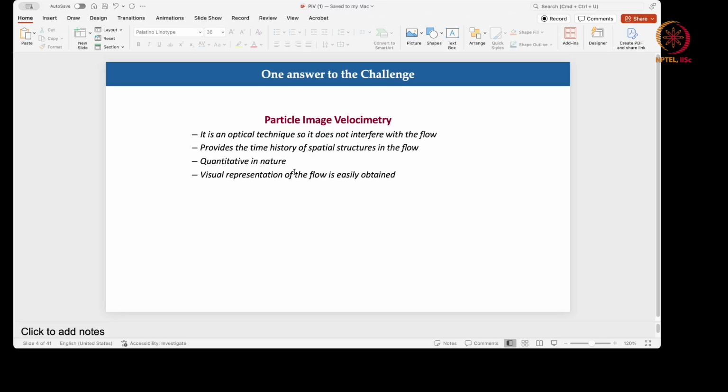The visual representation enables us to have insights into the flow field and look at the spatial structures. High-speed PIV will enable you to resolve both the spatial as well as the temporal structures. But unlike, for example, LDV, the temporal resolution may not be very high. It depends on the kind of camera and the laser that you have.